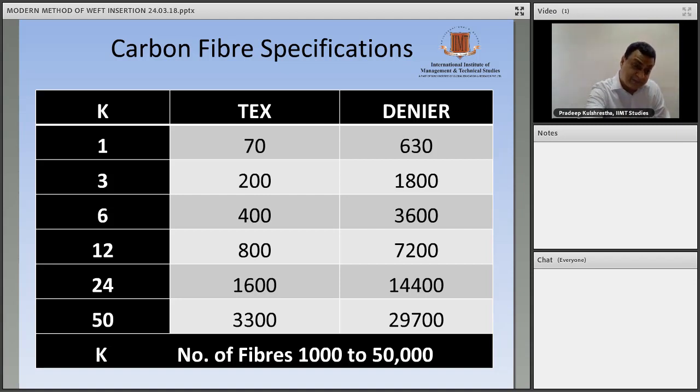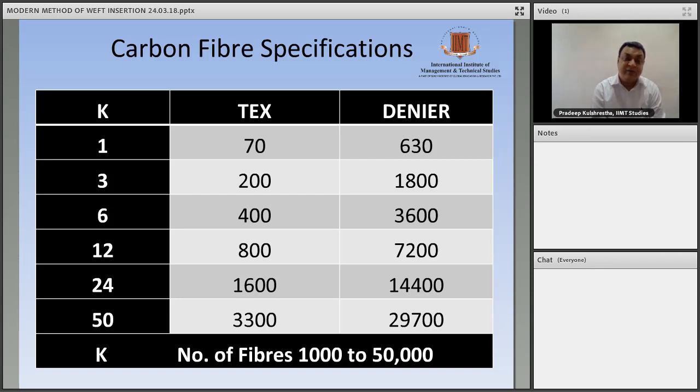So everybody is familiar with tex, linear density and count. But if we are talking about carbon fiber, there is K. 1K carbon, 3K carbon, 6K carbon, 12K carbon, 24K carbon, 50K carbon. So what is K? K means number of fibers. Suppose 1K, there are 1000 fibers in the yarn. Suppose 12K, there are 12,000 fibers in the yarn.